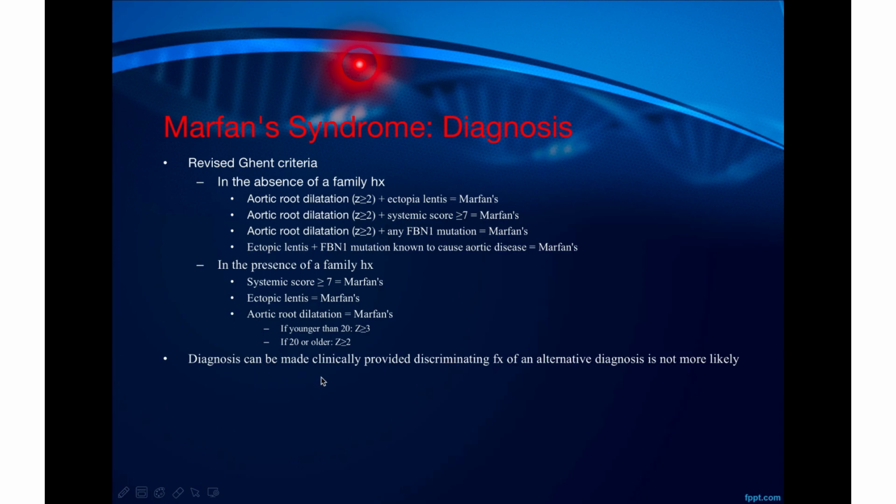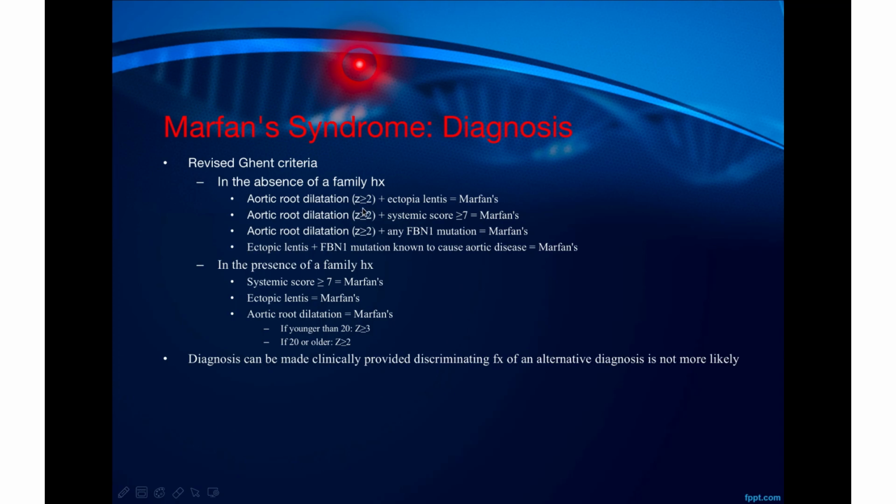Now, if the patient doesn't have any family history of Marfan syndrome, we have to try and find some extra information, or look for some extra factors to be able to prove that the patient has Marfan syndrome. So in the absence of family history, we look at the aortic dilation.